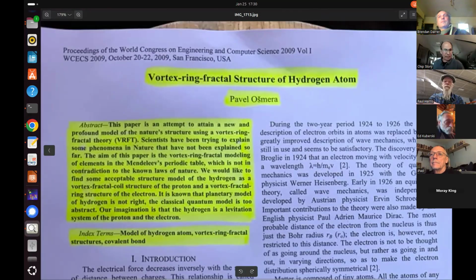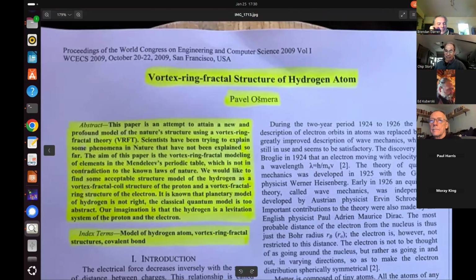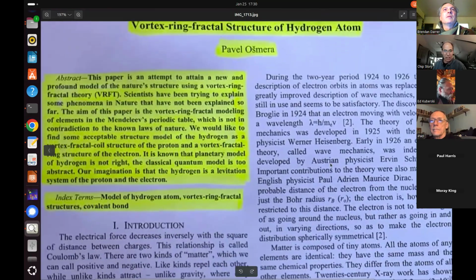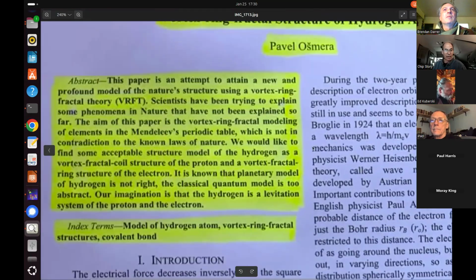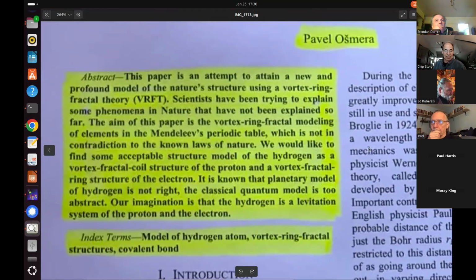All right, this is from the Proceedings of the World Congress in Engineering and Computer Science 2009, Vortex Ring Fractal Structure of the Hydrogen Atom, Pavel Osmera. Abstract in highlight. This paper is an attempt to attain a new and profound model of nature's structure using a vortex ring fractal theory, VRFT. Scientists have been trying to explain some phenomena in nature that have not been explained so far.